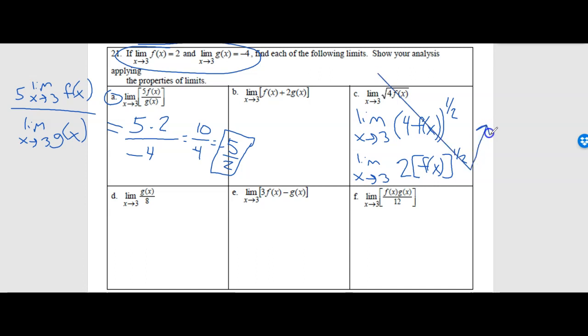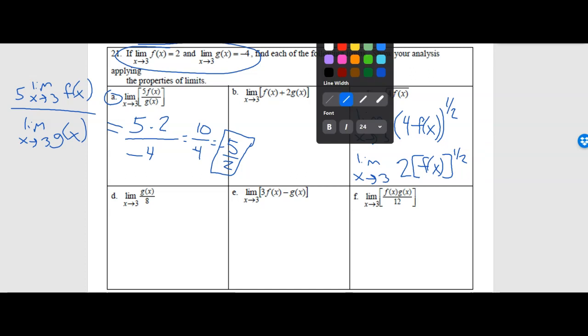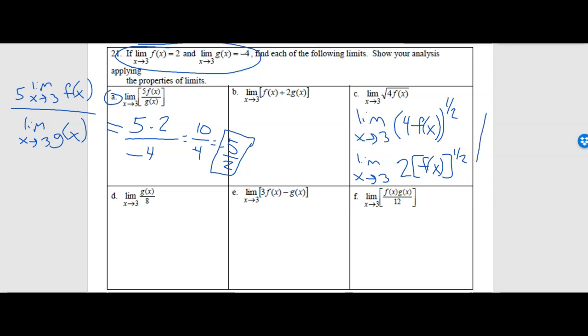Okay, now I'm going to rewrite it up here. So I'm going to bring the 2 outside. So 2 times the limit as x approaches 3 of f of x. And that entire limit portion is going to be raised to the 1/2 power.